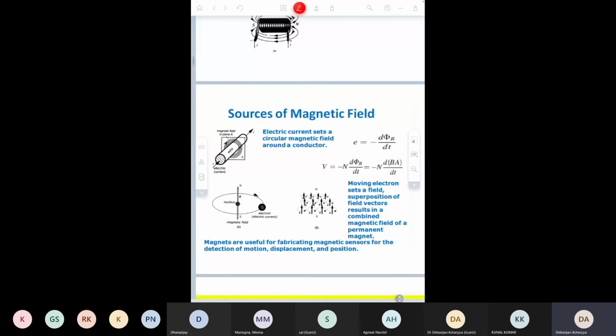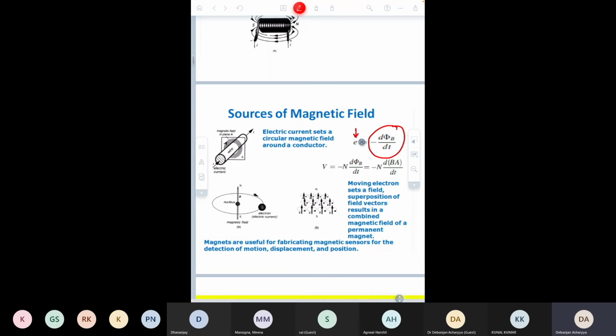Faraday's law tells us that if there is a magnetic field and a current carrying conductor, then the induced EMF is proportional to the change of the magnetic field. So the induced EMF is E, and the change of the magnetic field is d phi by dt.